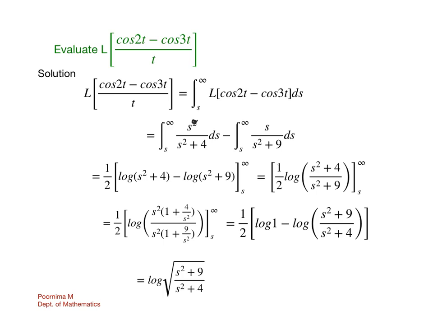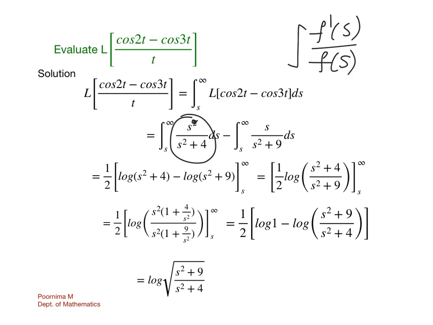So this is in the form of integral f dash s by f of s. If you multiply and divide by 2 for both, then f dash s by f of s can be written as log f of s with respect to s.